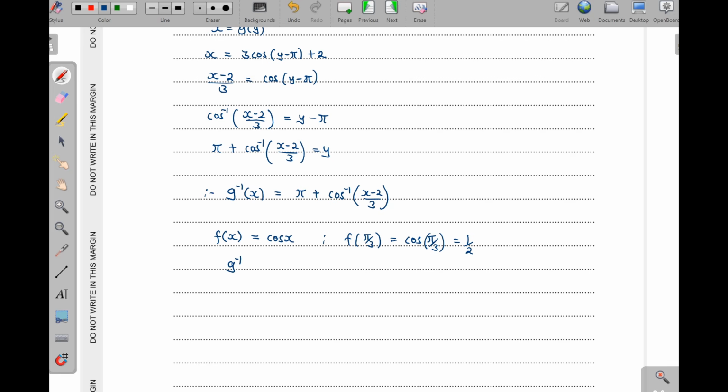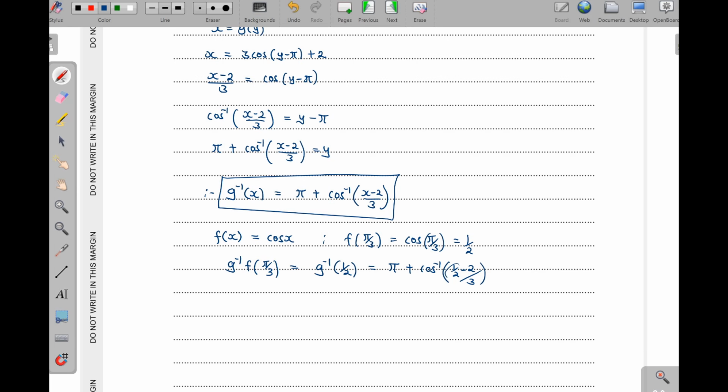Now g inverse f of pi over 3 will be equal to the g inverse of the result we get from here, a half. Then we substitute in this one here: pi plus the arc cos of a half minus 2, over 3.